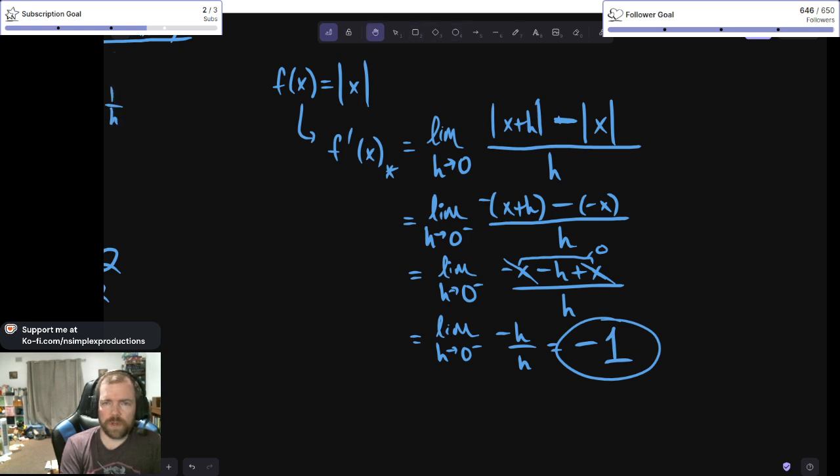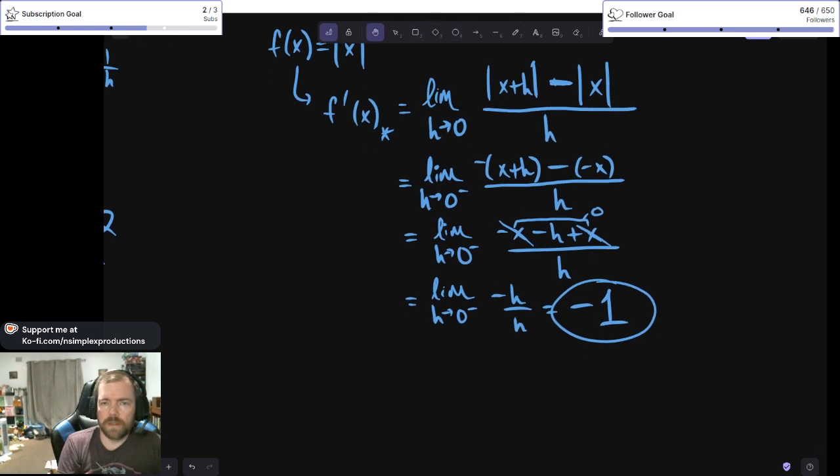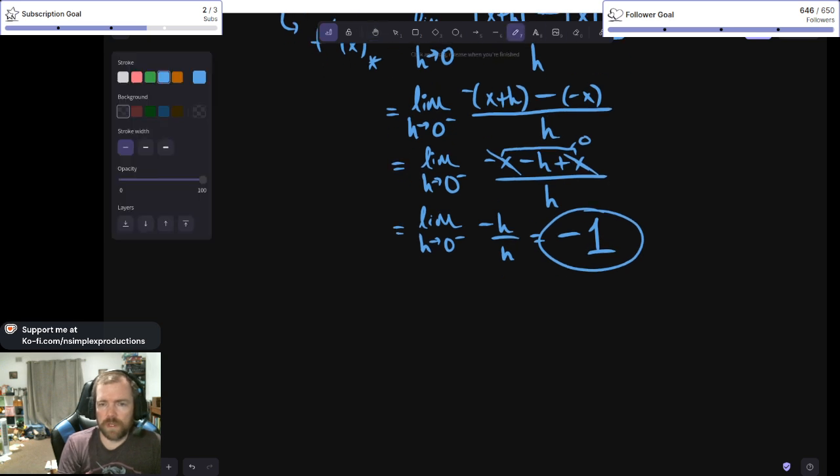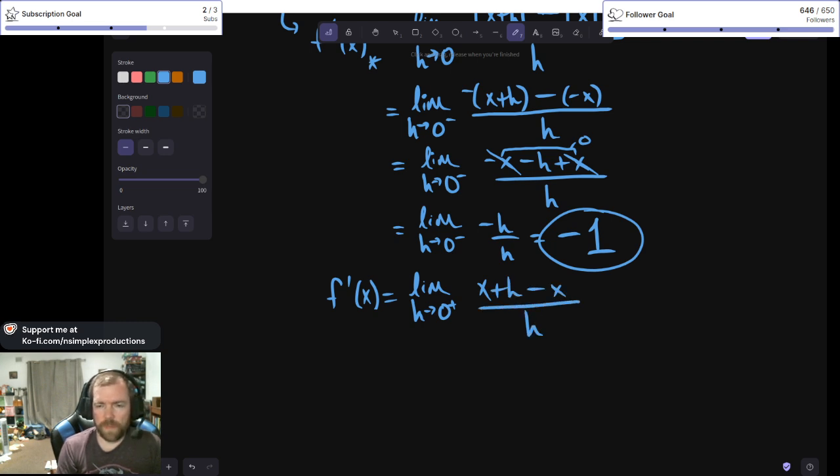The slope on the negative side of an absolute value function is negative 1, just without it being transformed. And then f prime of x is equal to the limit as h goes to 0 from the positive side. We just have x plus h minus x all over h, which is going to be equal to the limit as h goes to 0 from the positive side of h over h, which is equal to positive 1.